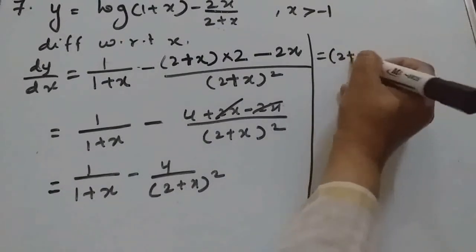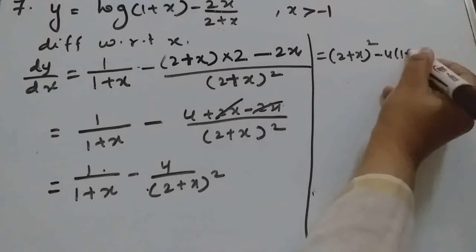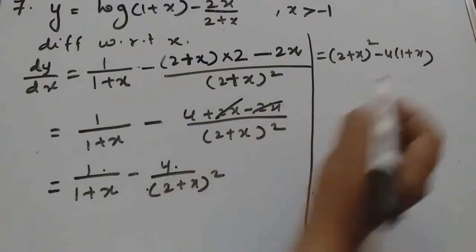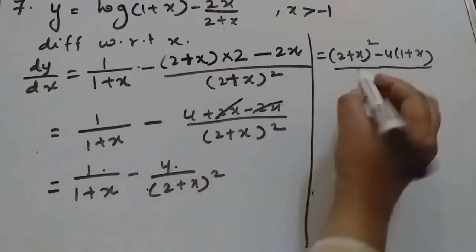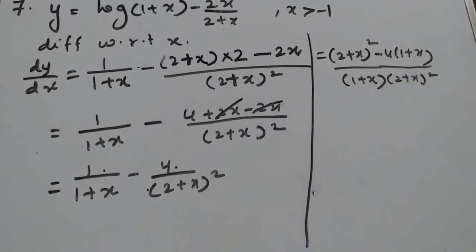So suppose cross multiplication, so (2 + x)² we can write here, (1 + x) will shift this side, divide by these two numbers, (1 + x)(2 + x)².